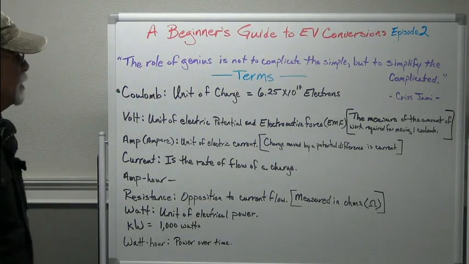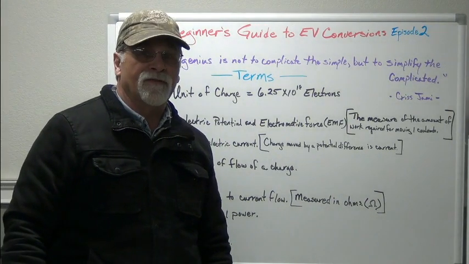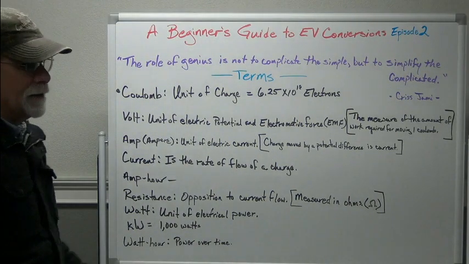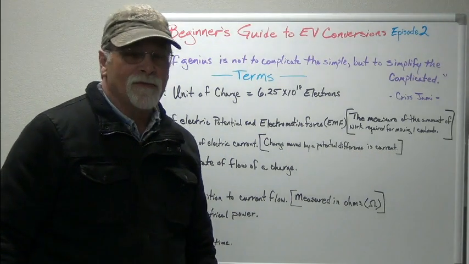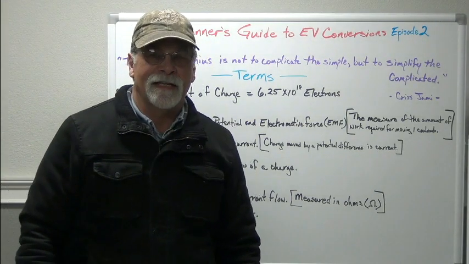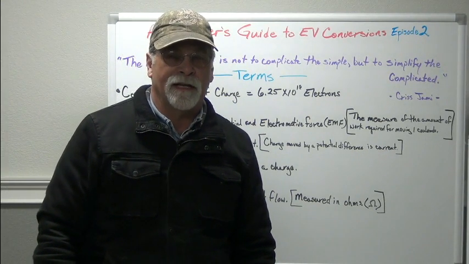The role of genius is not to complicate the simple, but to simplify the complicated. An observation in life in general, but especially in EV conversions, is some people just like to overcomplicate things.